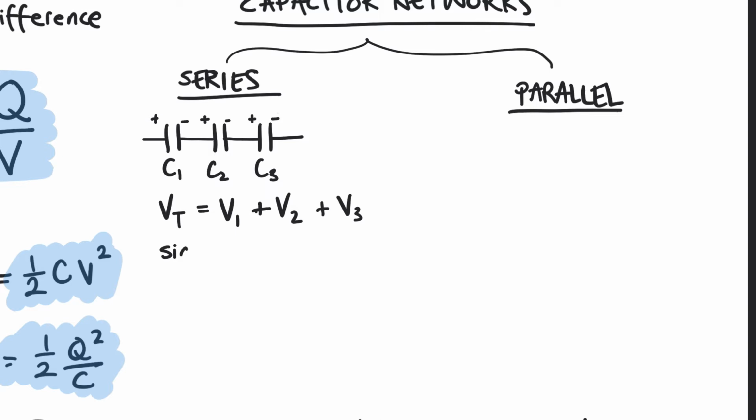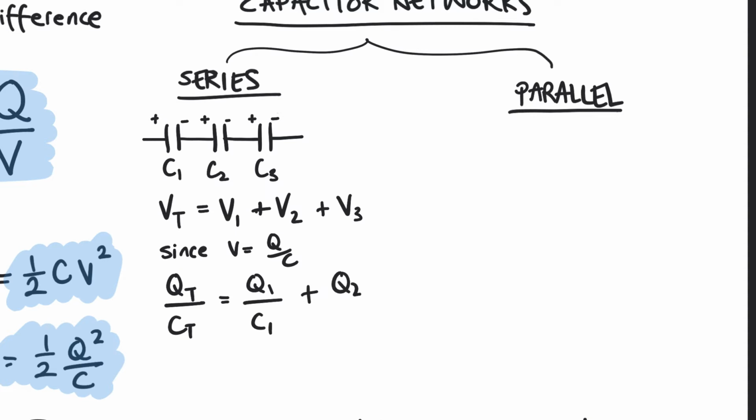Now, since the voltage is equal to Q over C, which we met earlier, we can rewrite this equation as QT over CT, so that's the total charge over the total capacitance, is equal to Q1 over C1 plus Q2 over C2 plus Q3 over C3.